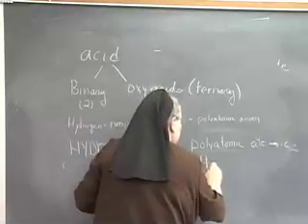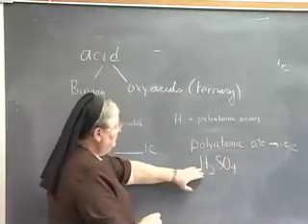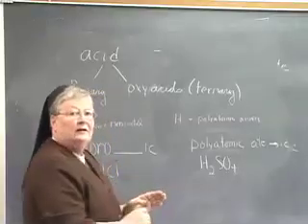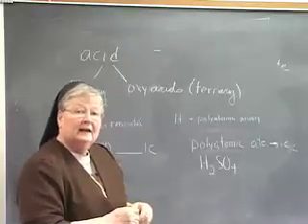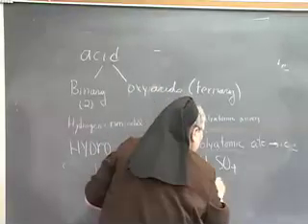For instance, we have this compound, and you can see that's hydrogen with a polyatomic anion. And you really know that the polyatomic anion is sulfate. So we change sulfate and we call this sulfuric acid.